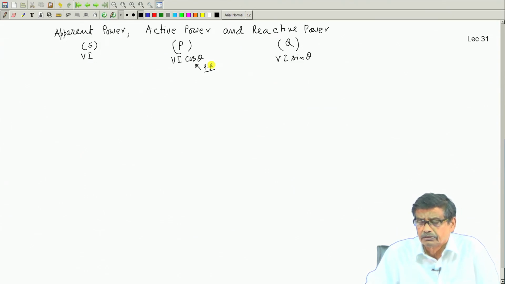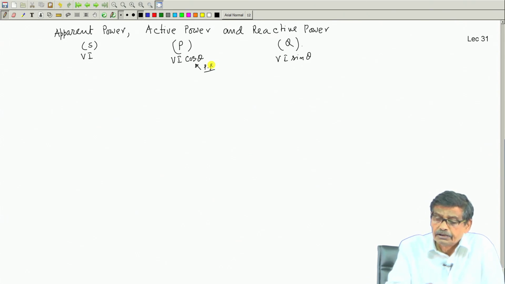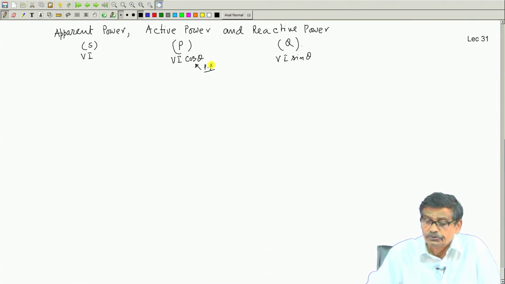From the supply authority's point of view, the power factor of the load should be very close to unity. Nothing is better than unity, because whatever volt ampere you draw from the source, V into I, only a portion, because cos theta is less than 1, is being utilized by your circuit, and based on that you have to pay the electricity bill.